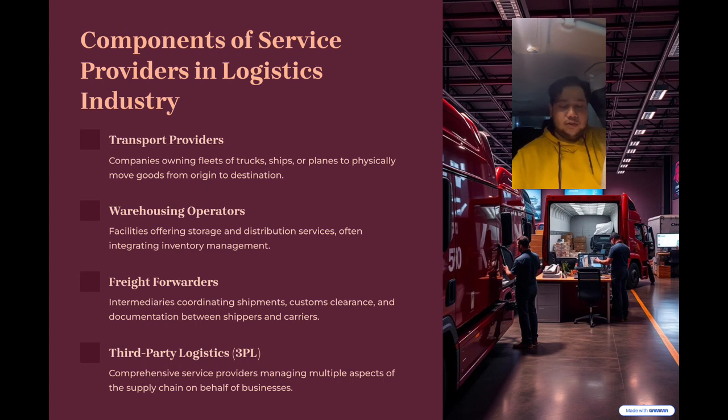The number 3 is the freight forwarder, an intermediary coordinating shipment, customs clearance, and documentation between the shipper and the carrier. Examples of documentation are bill of lading, commercial invoice, and the final invoice. The 4 is third party logistics, a comprehensive service provider managing multiple aspects of the supply chain on behalf of a business.